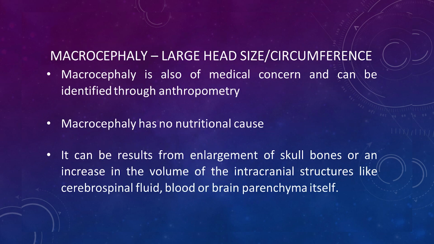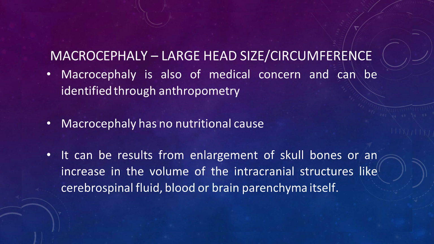Then after microcephaly, another thing we can diagnose with head circumference measurement is macrocephaly. Macrocephaly is when the size of the head is larger than the normal size of the head observed in babies. So, it is also a medical concern and can be identified through anthropometry.